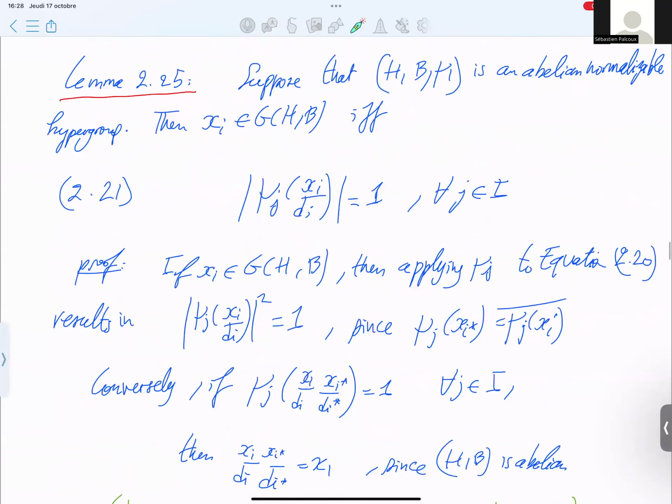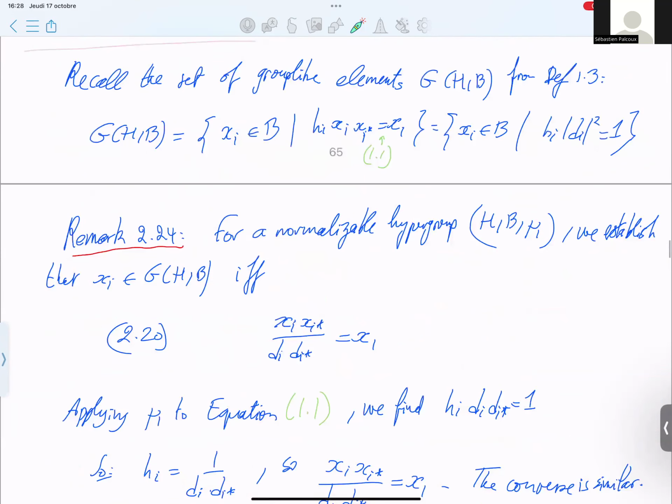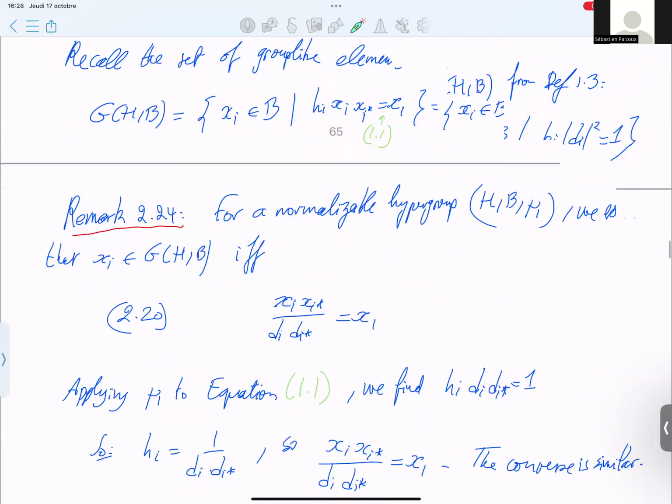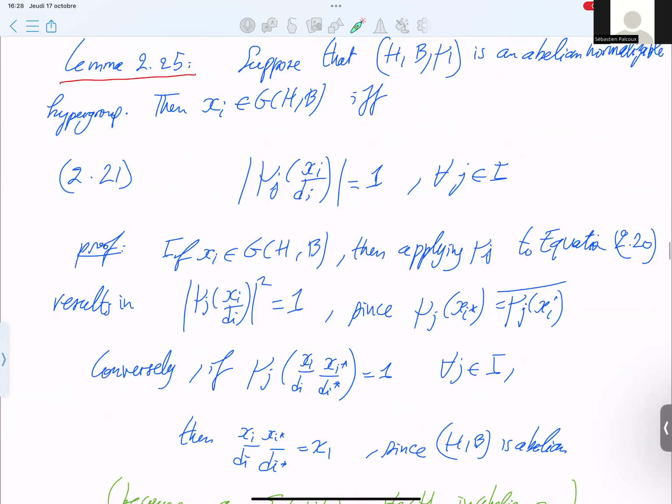So an element is group-like if and only if. Here it's a reformulation of being group-like, which involves the linear character. So it is group-like if and only if the complex modulus of any linear character applied to this normalized thing is always 1.